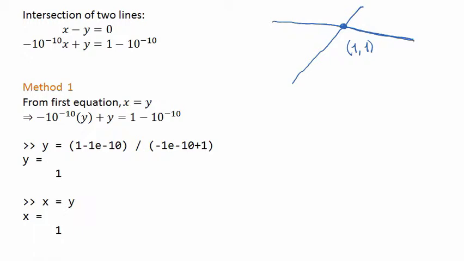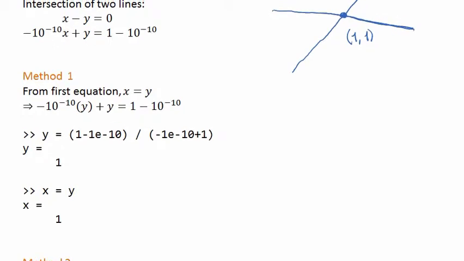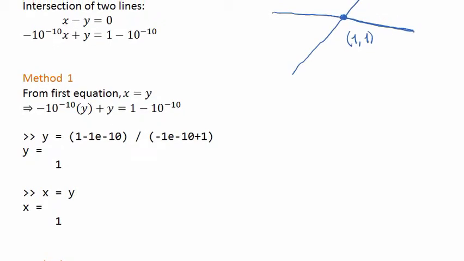So you go back to middle school algebra to do this, right? The first method we might choose is to look at the first equation and solve for x. We get that x is equal to y. Then we substitute for x in the second equation, which means we just replace the x in that second equation by a y.